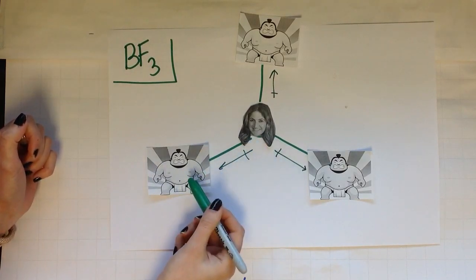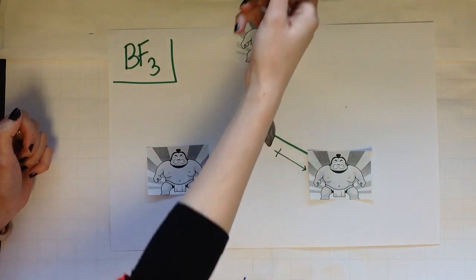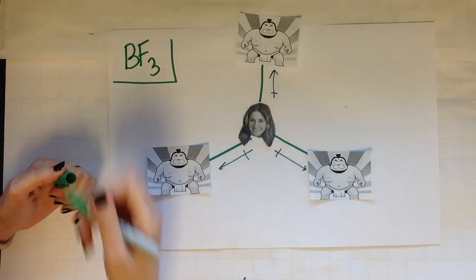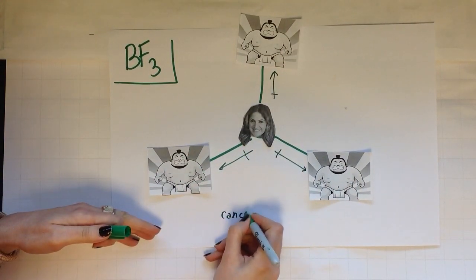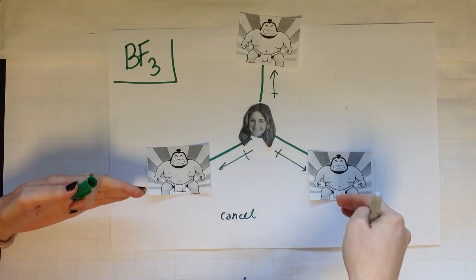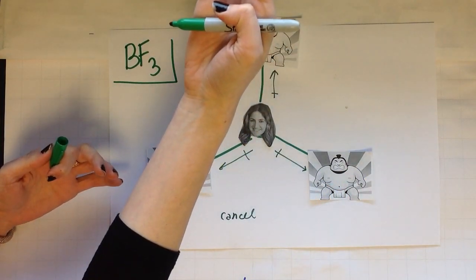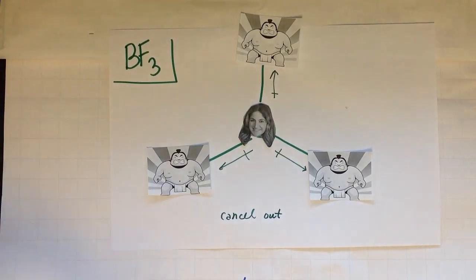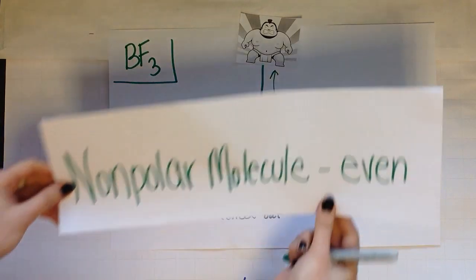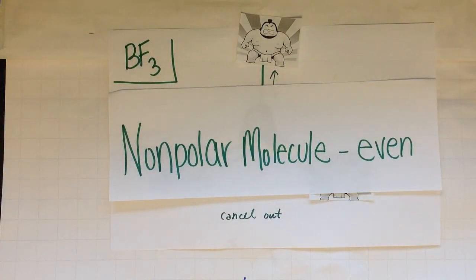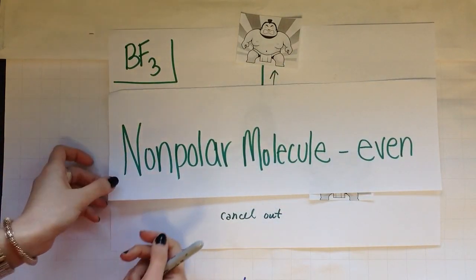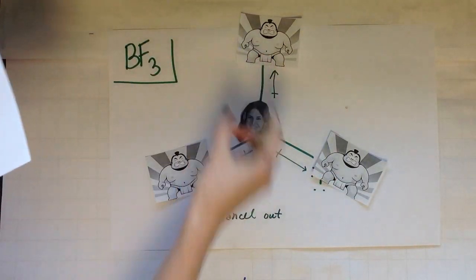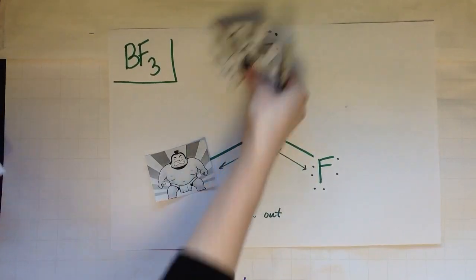But notice this one is on an angle, and this one's on an angle, and this one's going up. So all of these cancel each other out. The 2 on the angle end up canceling the 1 going up, all the dipoles in opposite directions. So once again, this ends up being a nonpolar molecule, an even pulling. These 2 on the angle even out the 1 above.